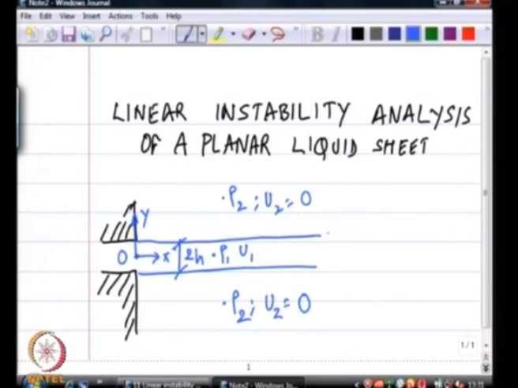We know that the top meniscus is given by the equation y equal to h, the bottom meniscus by the equation y equal to minus h. We are going to ignore gravity. So, it is just simply a liquid sheet coming out of a slot, and the sheet is infinite in the z direction.